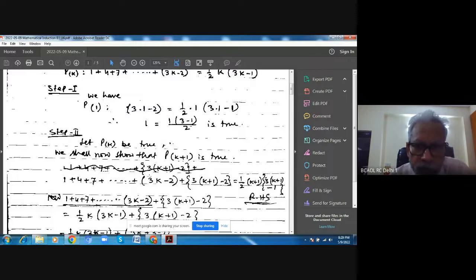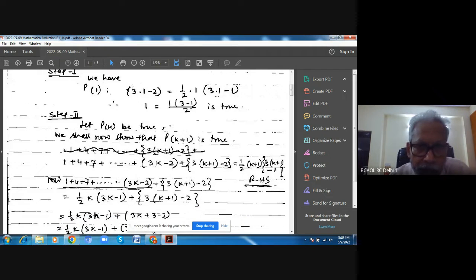Then now we have to show that P(k plus 1) is true. This is by the condition, as per mathematical induction, you have to take it that way also. So now in place of k, we have to change it to k plus 1.